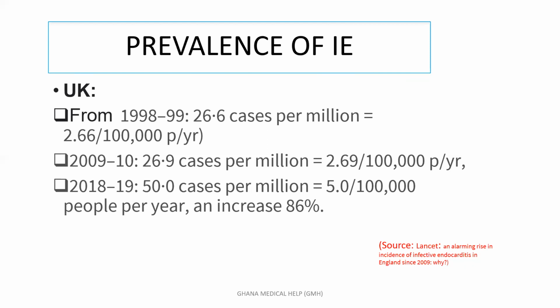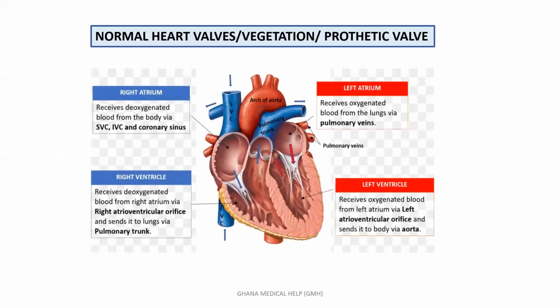In 2009 to 2010, it was 26.9 cases per million. And from 2018 to 2019, we now have 50 cases per million, which is 5.0 per 100,000 people per year, an increase of 86%.